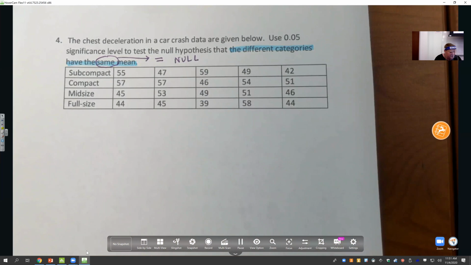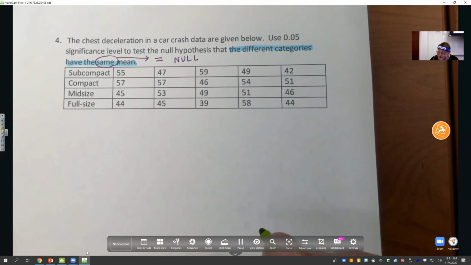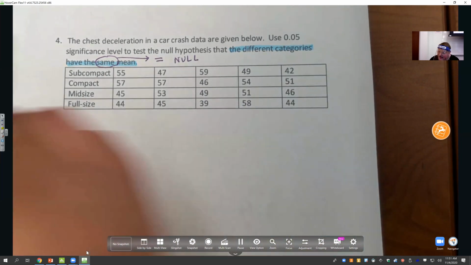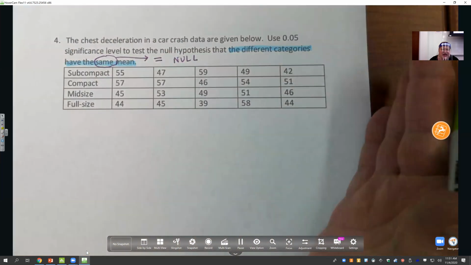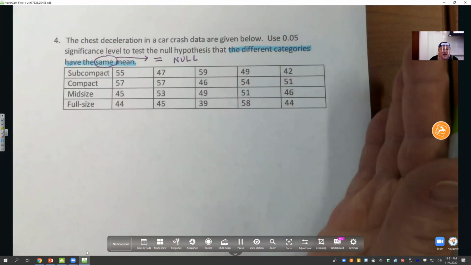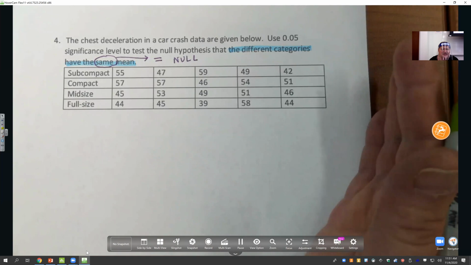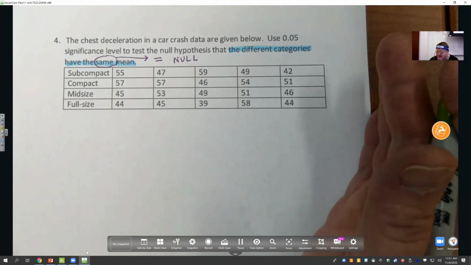But again, I hope you recognize right off the bat that I have categories sorted into chest deceleration. So this is some value they calculate when they're testing car crashes, testing different size cars and using a test dummy. It's called chest deceleration.